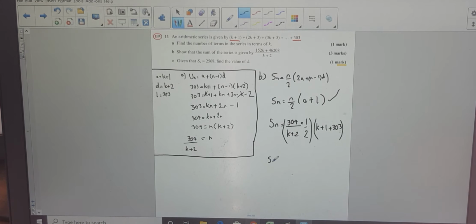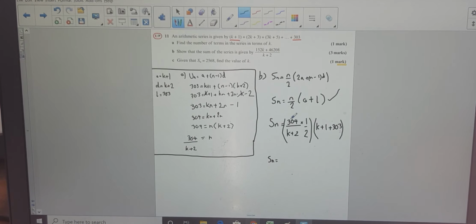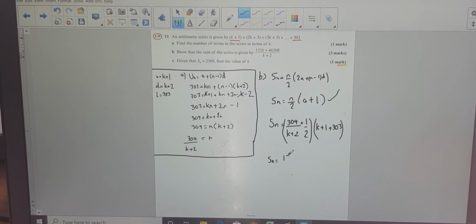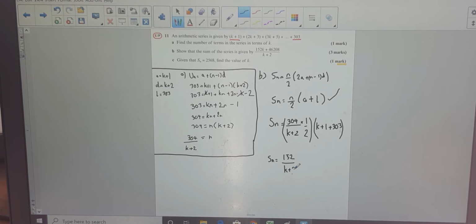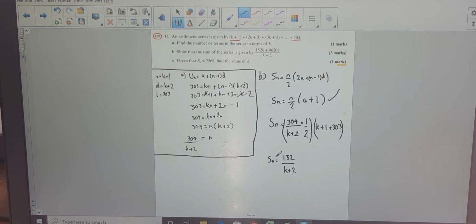Right, let's simplify this. 304 divided by 2 is 152 over k add 2, multiplied by k add 1 add 303. Well, 1 add 303 is k add 304.